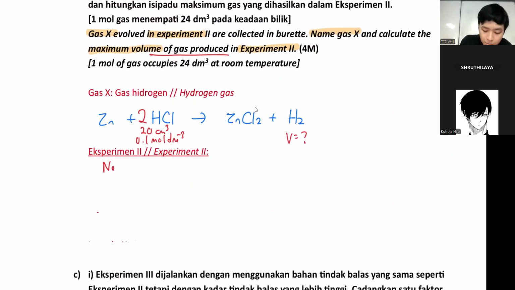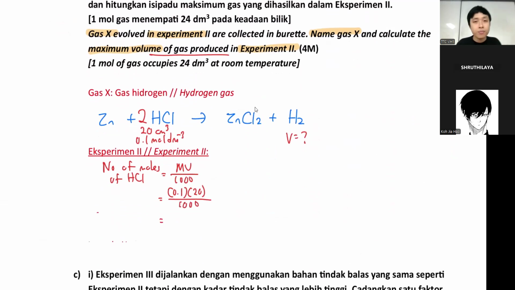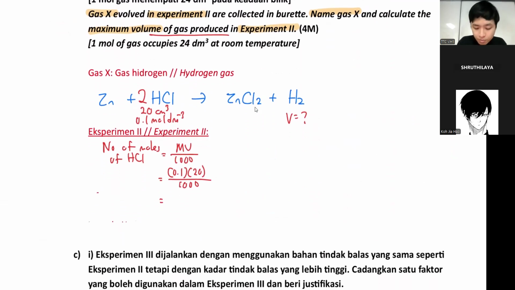So number of mole of HCl equals MV over 1000. So 0.1 times 20 over 1000, which will get 0.002 mole. Then same thing, ratio, then find the volume.